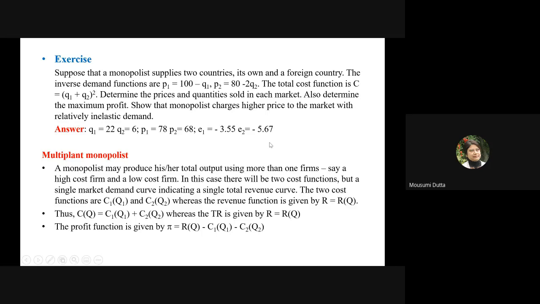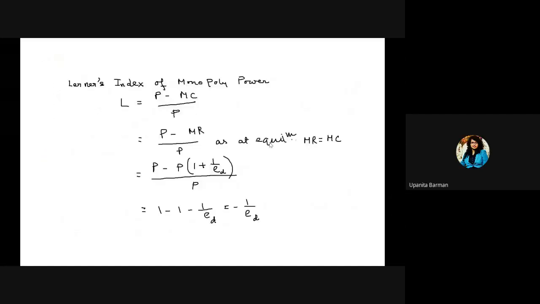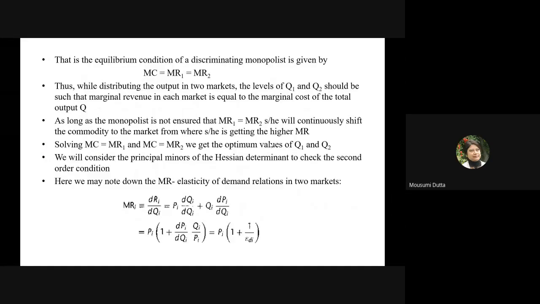So first, how will we find these E1 and E2? Ma'am, with the MR formula. Yes, the MR formula. So please write down MR1 is equal to P1 into (1 plus 1 by E1).